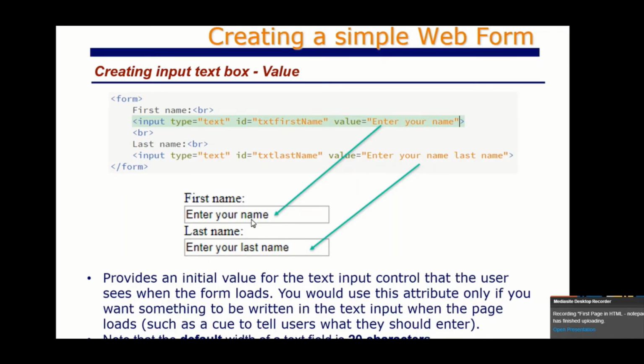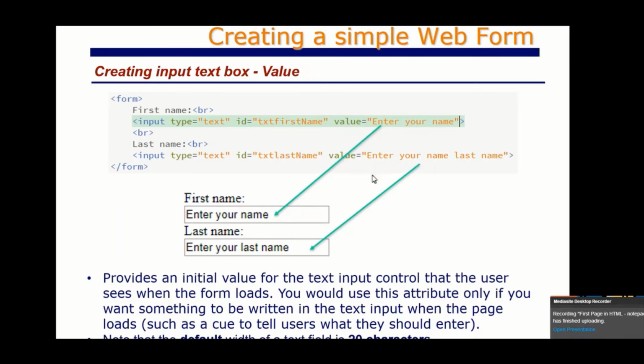So if the user didn't clear this text, you're going to get "enter your first name," because the value that you put at the beginning in this input text component is "enter your name." Instead of that, you can use placeholder and type "enter your name," but it's gonna be grayed out. So it means that "enter your name" is not the value, it's just like a hint, right?